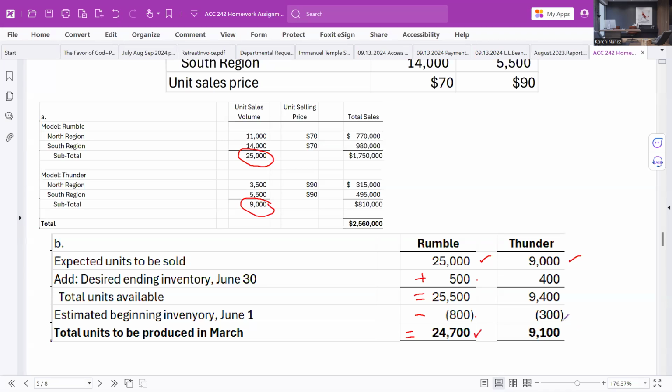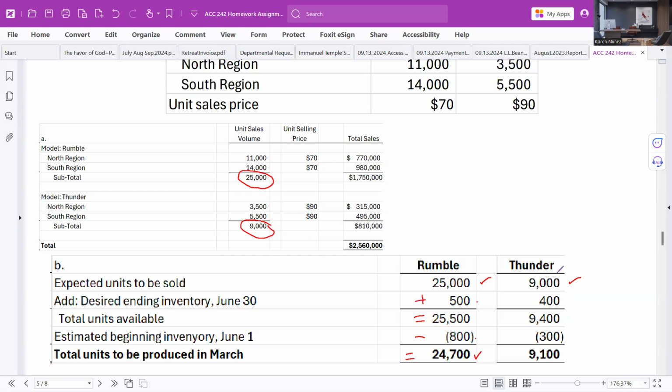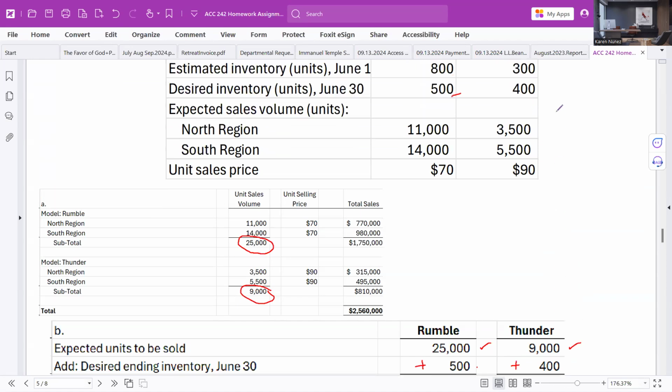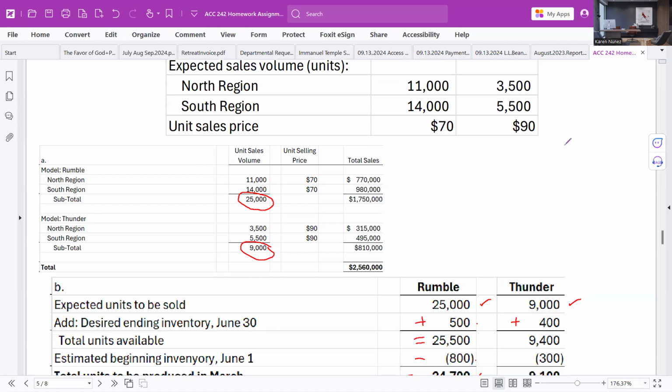And then of the Thunder product, we plan to sell 9,000, right? 9,000 expected sales, plus the ending inventory. We anticipate a need for 400 units at the end of the period, but we're going to start with 300.